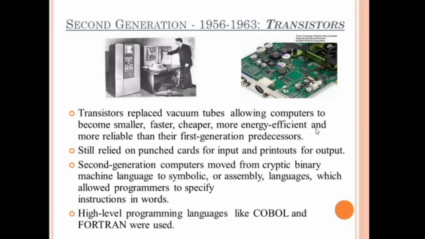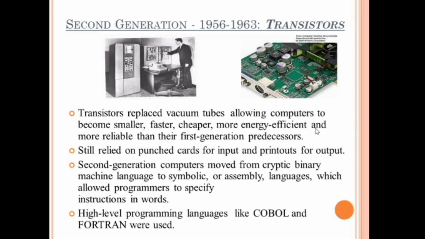By 1948, it was obvious to many that the transistor would probably replace the vacuum tube in devices such as radios, television sets, computers. Still, they relied on punched cards for input and printouts for output.